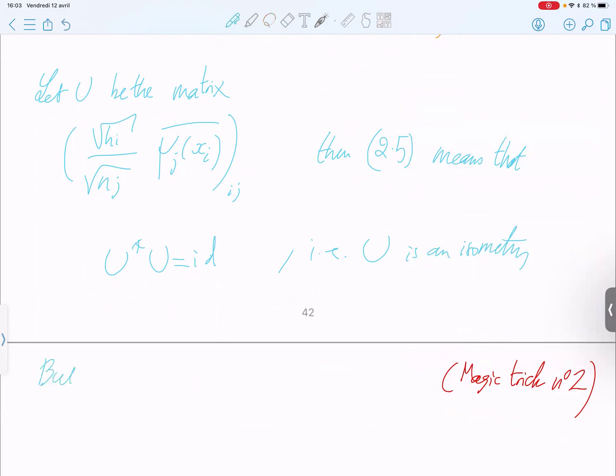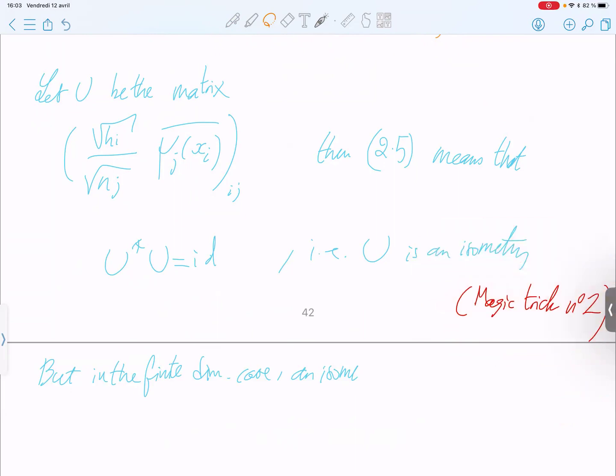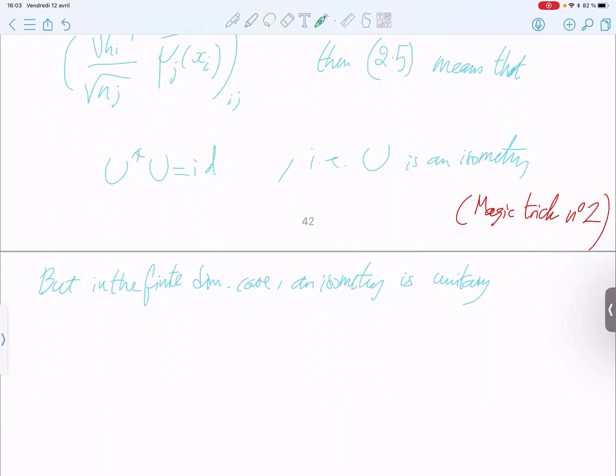Unitary means that U star U equal U U star equal identity. So you have the other relation for free because we are in a finite dimensional case.